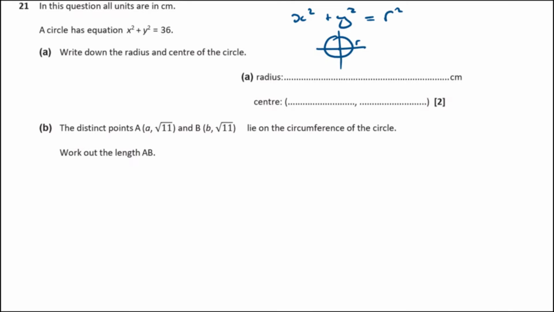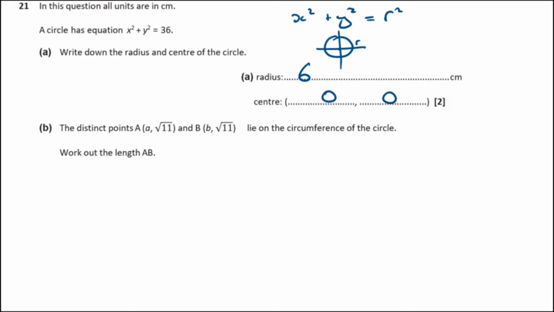So the center of this circle is going to be (0, 0), and the radius, well, if x squared plus y squared equals r squared, and that's 36, then r is going to be the root of 36, it's going to be 6. So this is going to be a circle with radius 6 centered on the origin.